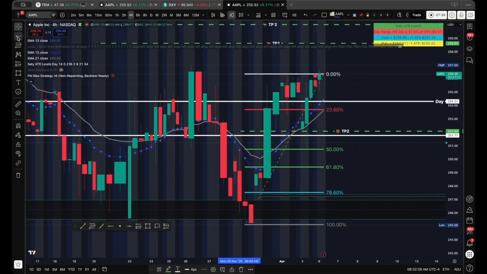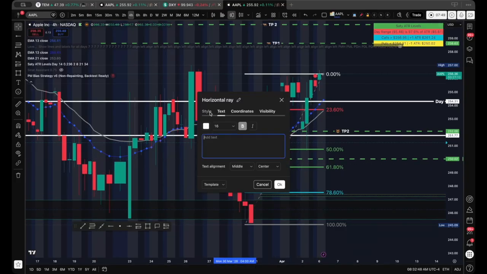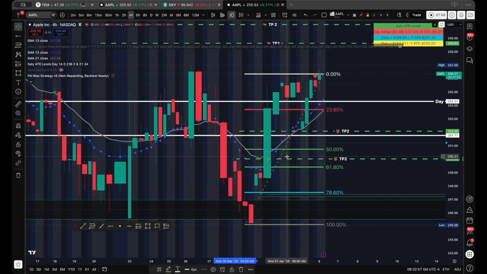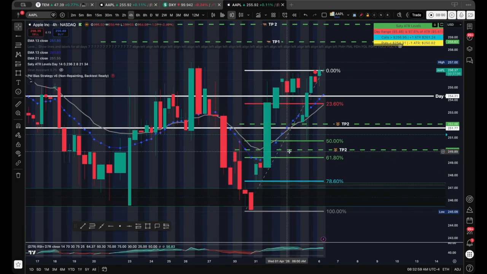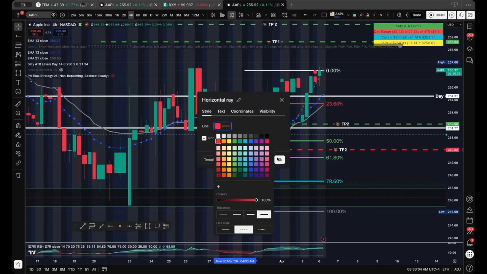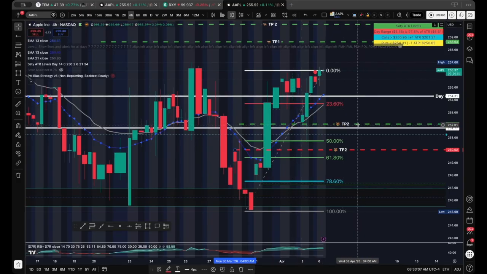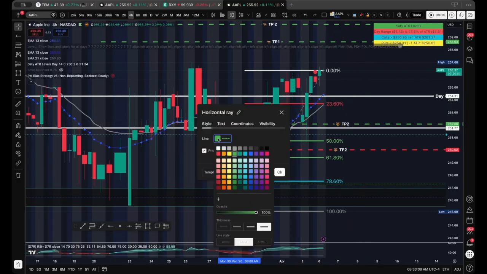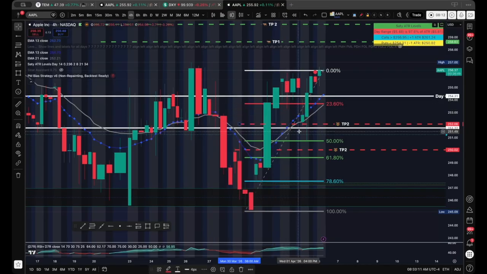I'm going to put that as TP2. And we are going to change those line colors because that's not what we want. I want to just look at it at a glance and know from the red that that's a put or a call.